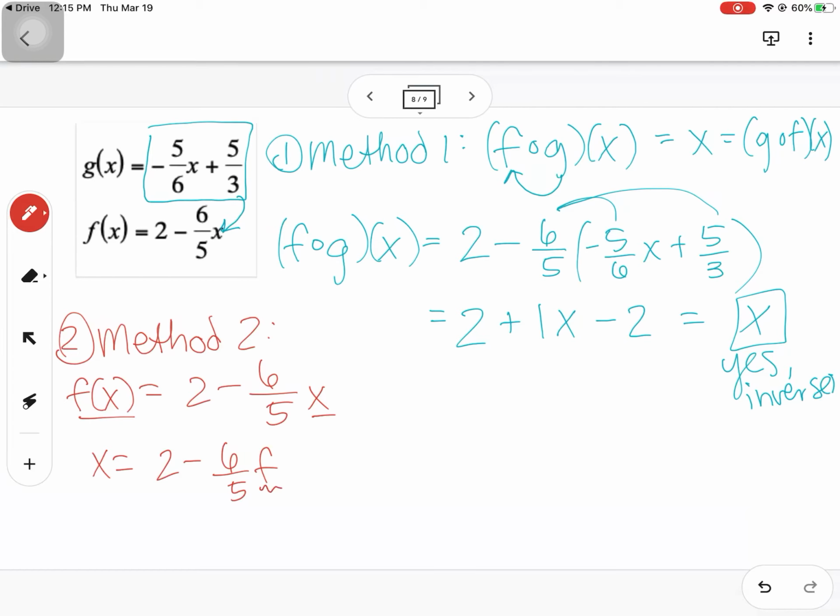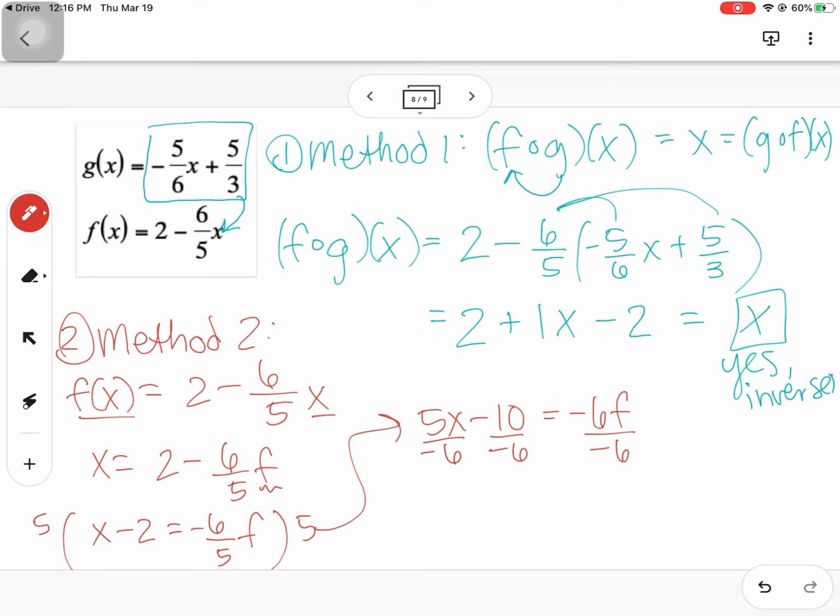So say I would subtract 2. To get rid of this 5 that's in the denominator, I would multiply everything by 5, which means it's going to give me 5x minus 10 equals negative 6f. And then I'm going to divide everything by negative 6.